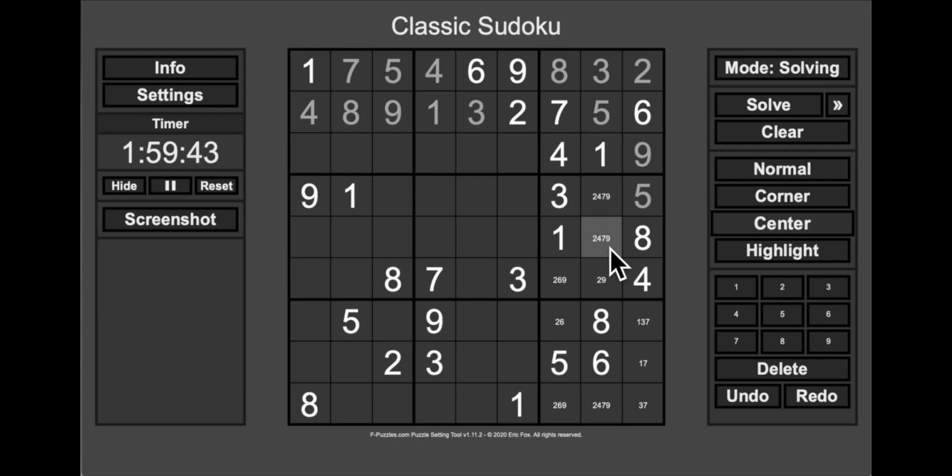This one I think can be anything. Not 4 and that's not 4. Okay.